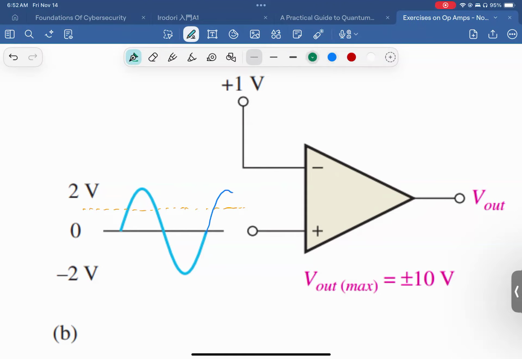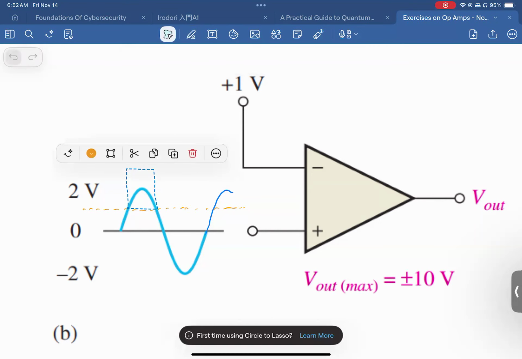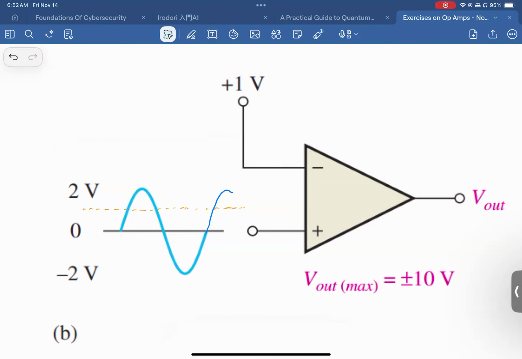Okay. So, ano magiging output dito? So, magmamax lang siya pagdating sa paglagpas dito sa 2 volts. Okay. And then, dito naman, magmamax siya paglagpas sa 2 volts.